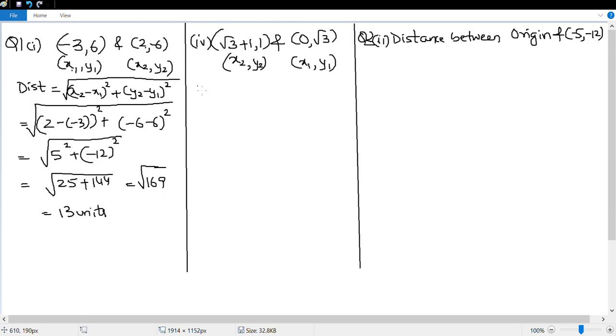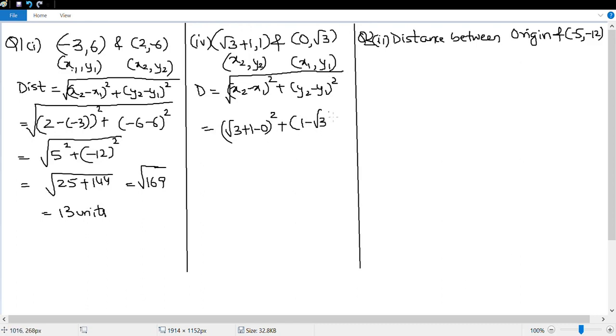So distance will be equal to the square root of x2 minus x1 whole square plus y2 minus y1 whole square. So the first one is root 3 plus 1 minus 0 whole square plus 1 minus root 3 whole square, the square root of it.